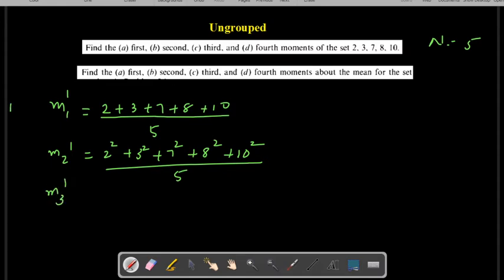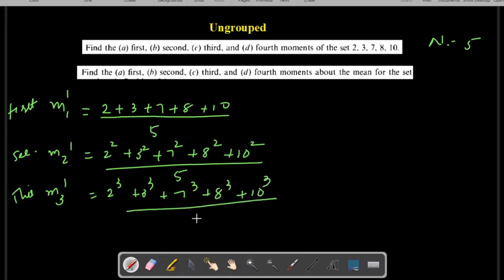This is equal to 2 cube plus 3 cube plus 7 cube plus 8 cube plus 10 cube divided by 5.